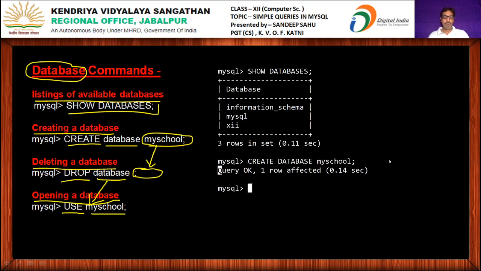Now if you want to delete any existing database, for example, I am deleting the database 12th, then what we have to write? Drop database and then the name of the database.